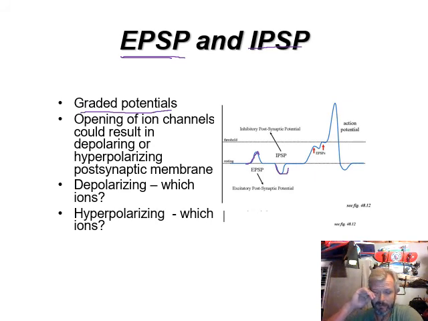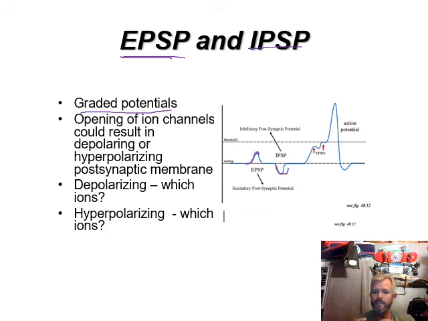We saw a simplification of the graded potentials in that we just had one stimulus coming in. But remember, these neurons could be talked to by hundreds to thousands of other neurons. So they're going to be getting signals, excitatory and inhibitory, from many different neurons.